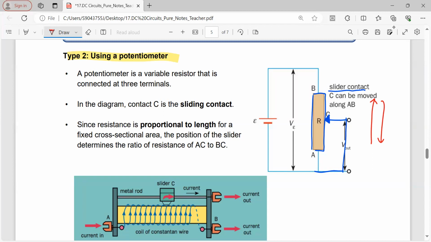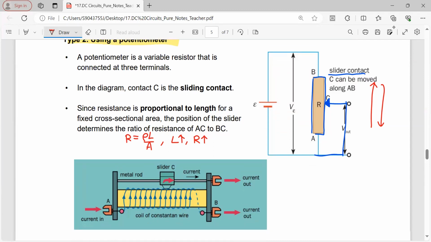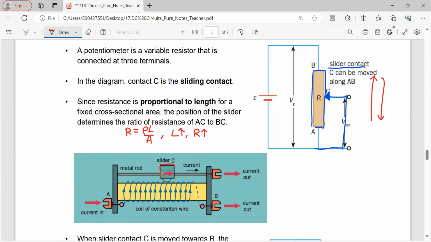Remember in the previous topic, R equals rho L over A. We talk about the resistance of a wire. If I increase the length, the resistance of the wire increases. So in this case, if I slide my slider, you can see the slider C here.